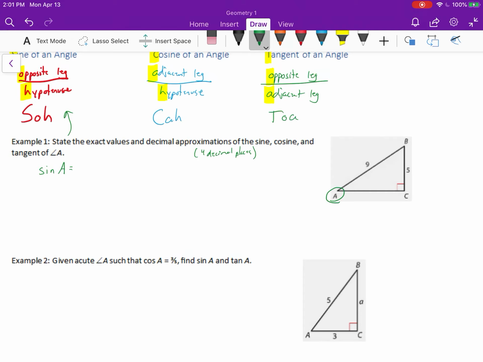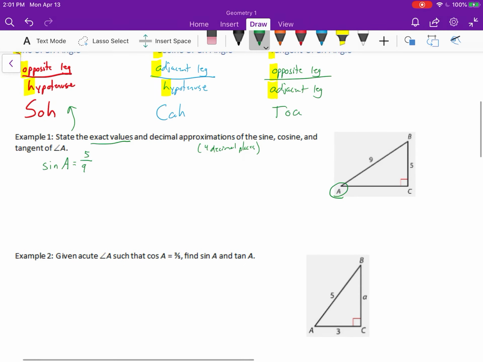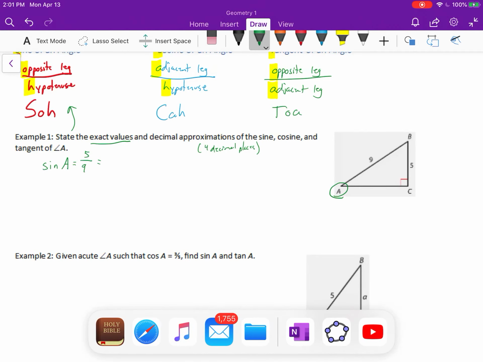Sine of A is going to be opposite. So we're going to look up here at our definitions. Opposite leg. So here's angle A. Opposite leg is 5 over the hypotenuse, which is 9. So there's the exact value. The decimal approximation, we want to go ahead and divide 5 divided by 9.